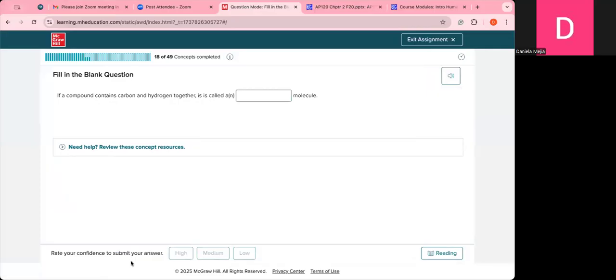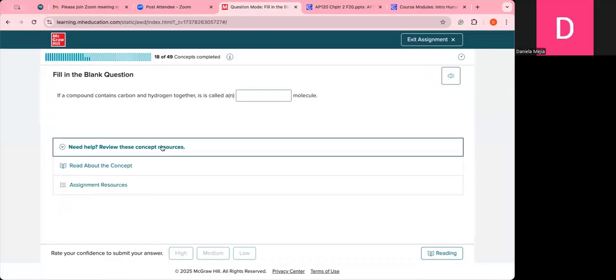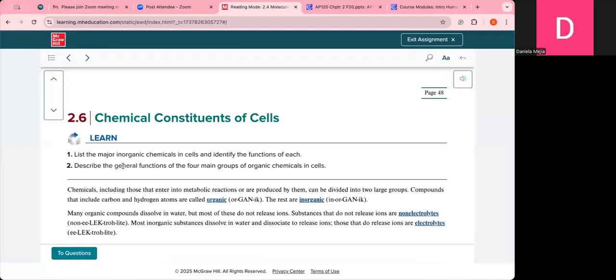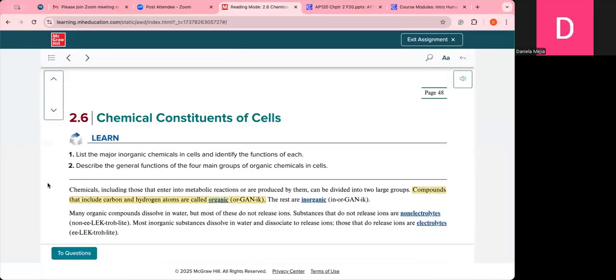If a compound contains carbon and hydrogen together, it is called a what? Carbon and hydrogen together. The book will tell us. Chemicals, including those that enter metabolic reactions or are produced by them, can be divided into two large groups.